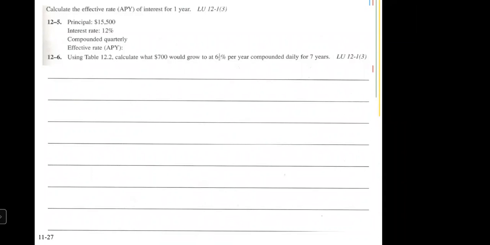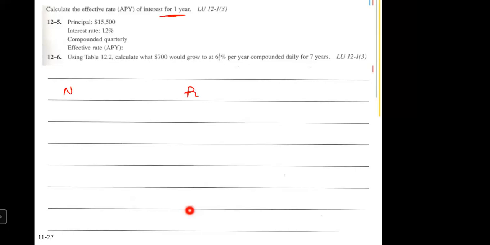You want to work out the effective rate. So first of all, you need to find out how much interest is earned for 1 year of investment. The effective rate is usually based on a single year of investment.